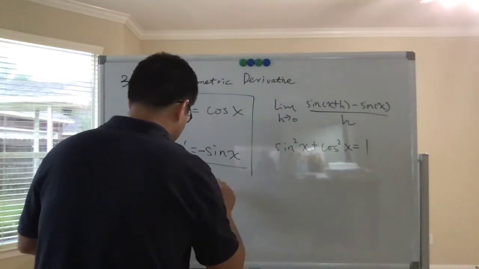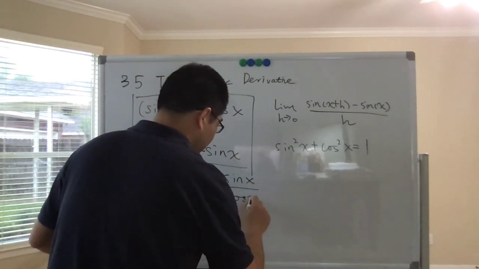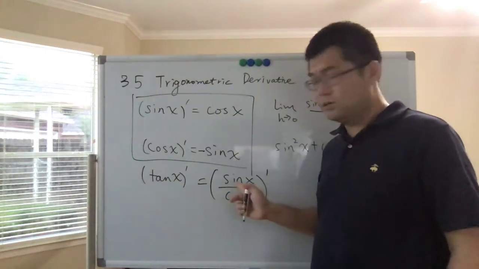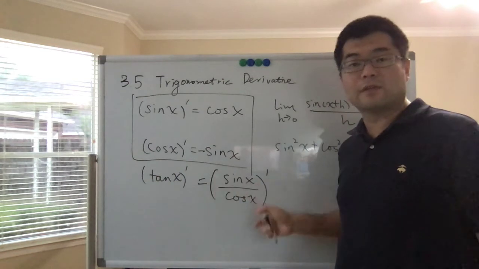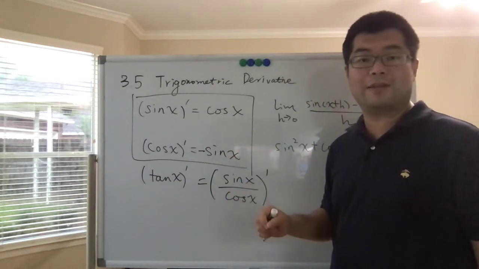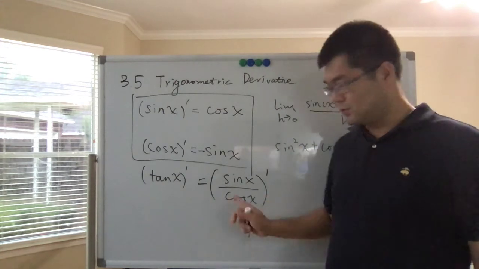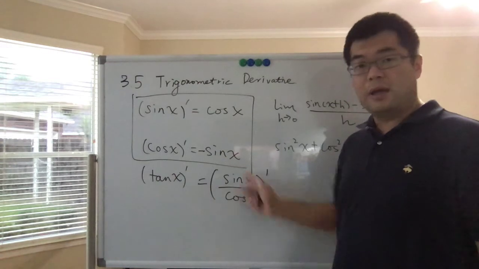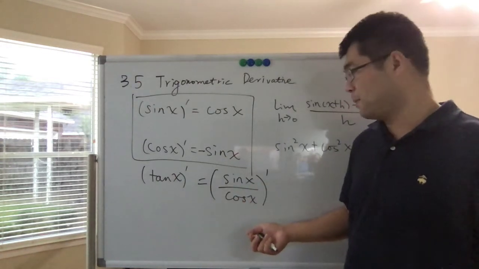If I rewrite tan of x as sine of x over cosine of x, do you see that when we take the derivative of this form, we can use the quotient rule? Because this is exactly a fraction, or rational, format.